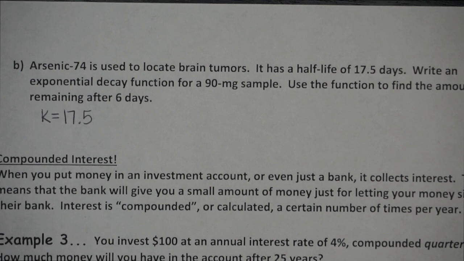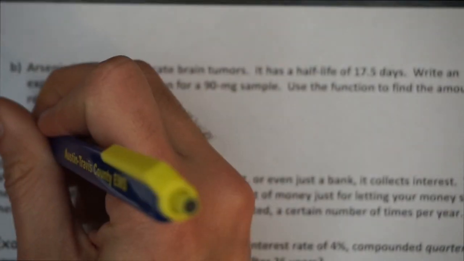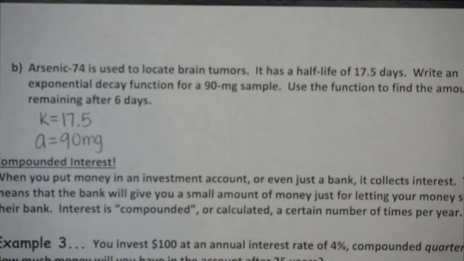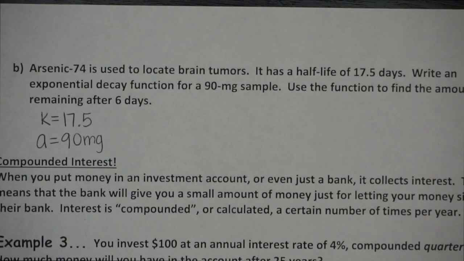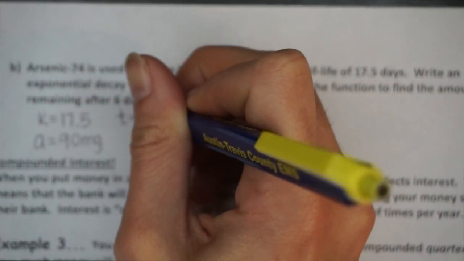All right, so that's how much they're starting with, 90 milligrams. And use it to find how much is remaining after 6 days. So the time we want to look at specifically is 6 days.